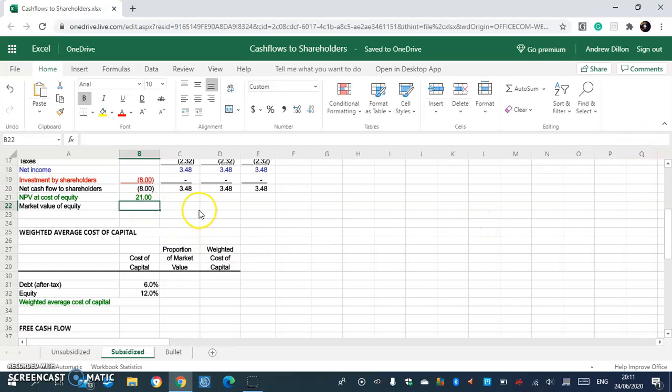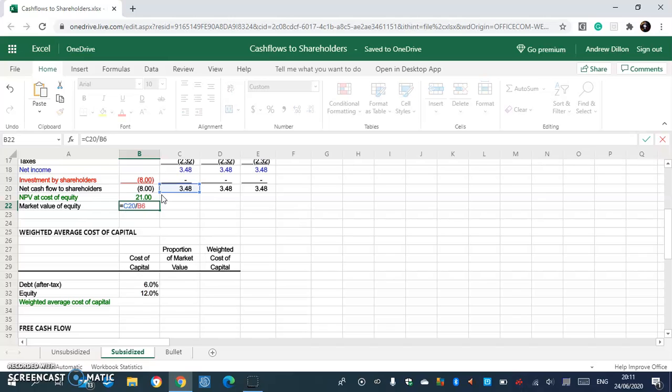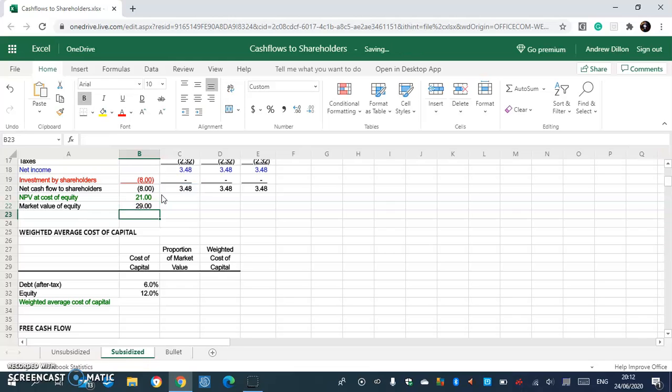Okay, now let's find the answer for market value of equity. 29. Very good.